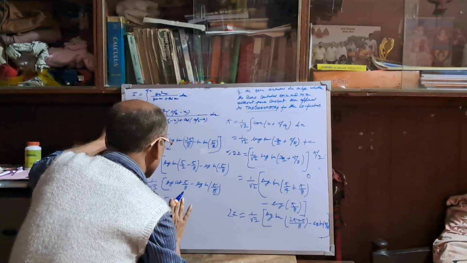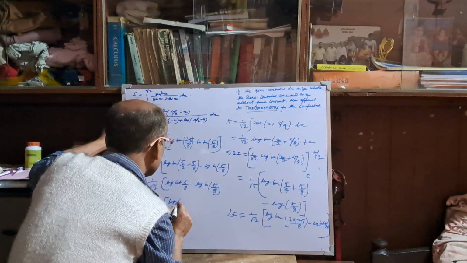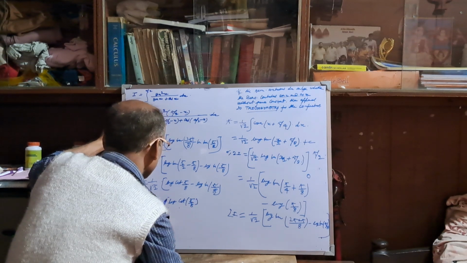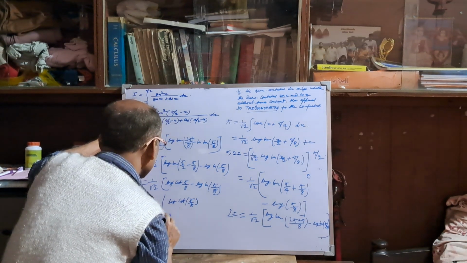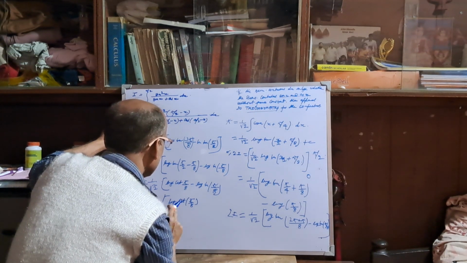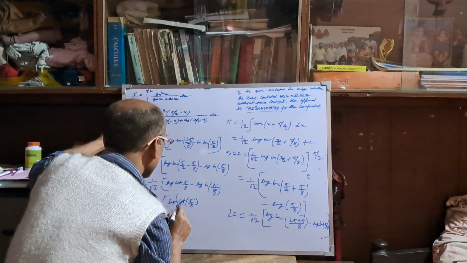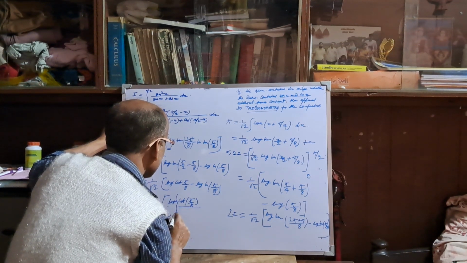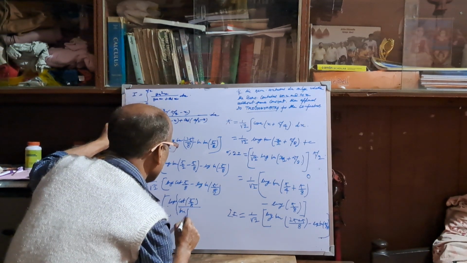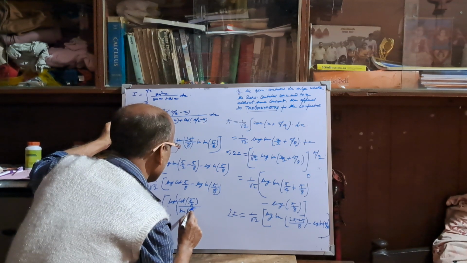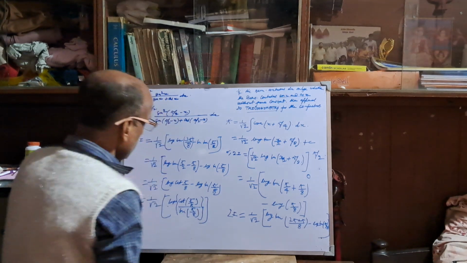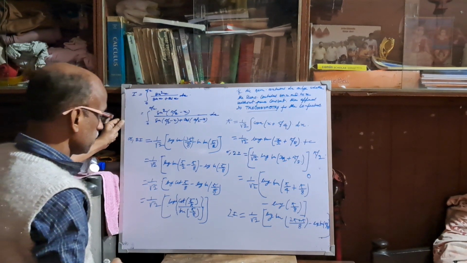That means here I can use cot pi by 8 divided by tan pi by 8. In this way I can make the expression short.